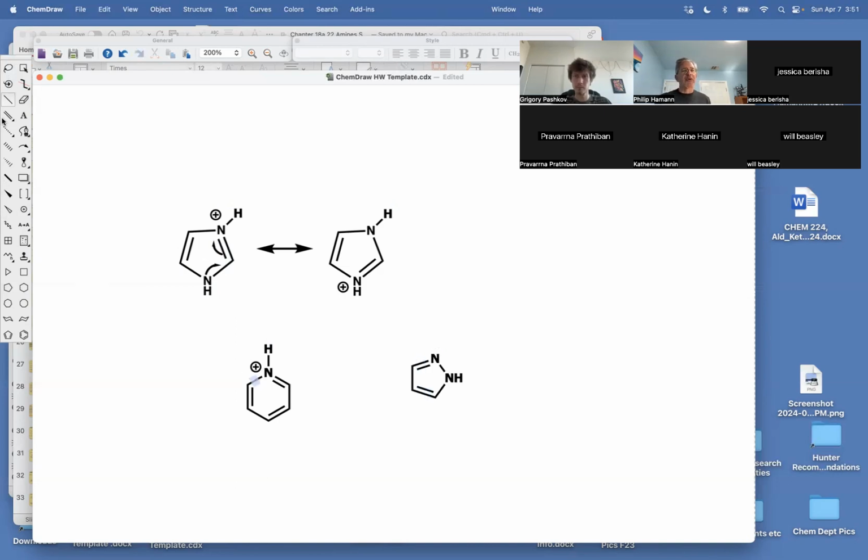And I'm sorry, I don't remember the name of this beast. It's not that common. If you protonate here, and this is exploring for me, I don't know the answer right off. So is that nitrogen more basic? Well, this lone pair can go here, here, here. Yeah, there's a resonance structure with a positive charge on the other nitrogen.